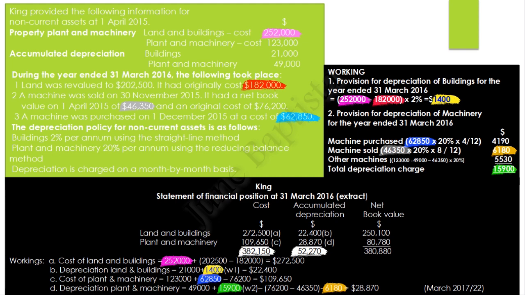The net book value for land and buildings is $272,500 minus $22,400 to give us $250,100. Plant and machinery, $109,650 minus $28,870 to give us a net book value of $80,780 for plant and machinery. Adding the two net book values together, we get a total of $380,880.